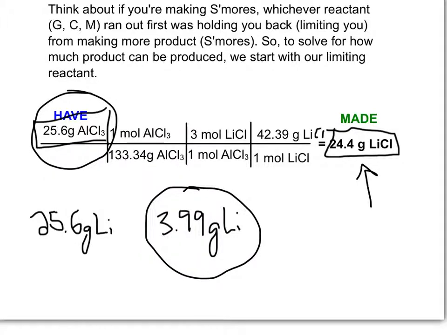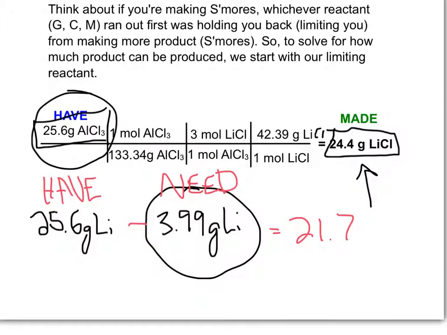So if I want to know how much lithium I have left over, I just take the grams of lithium that I have, minus how much I needed, and we get an answer equal to 21.7 grams of lithium left over.